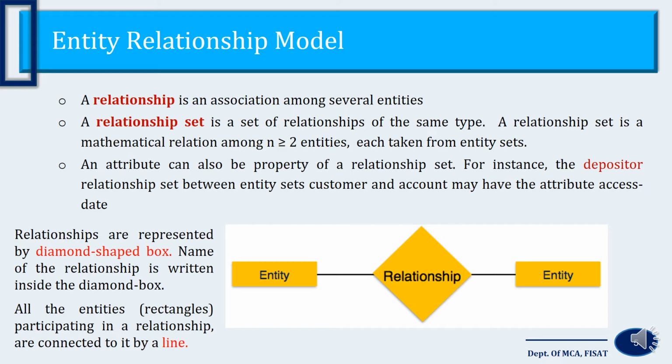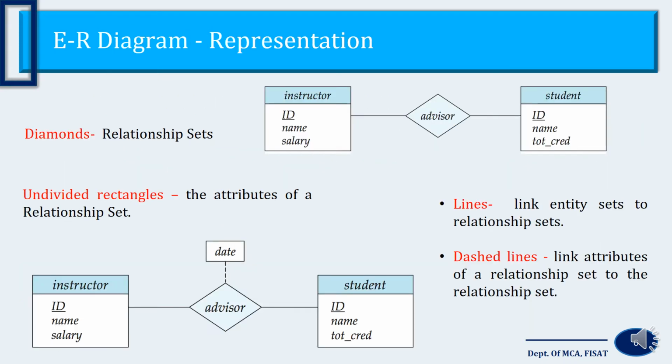That means we can have attributes for the relationship also. Okay, so if you have attributes for the relationship, the attributes are usually represented by ellipses. So we can connect the ellipses to the relationship diamond box. Okay. In crow's foot notation also, the diamonds are used for representing the relationship sets. So the entities are represented by means of rectangles and diamond boxes are used for representing the relationship sets. Okay, fine.